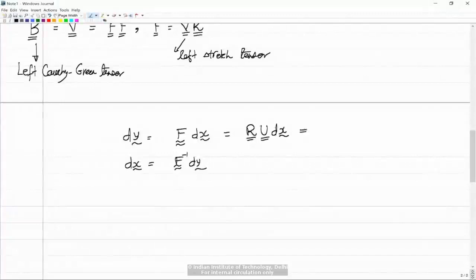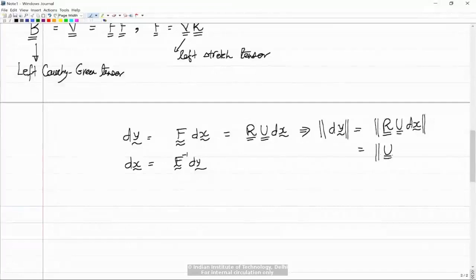So if you try to find out the magnitude of dy, then that's equal to magnitude of r times u dx. And r being a rotation does not change the magnitude. So this is also equal to magnitude of u dx.